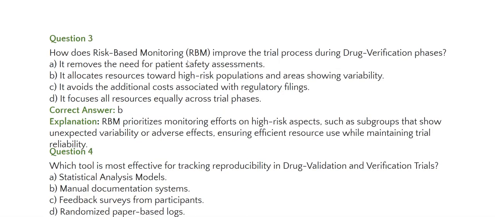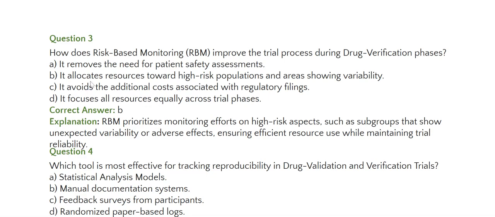Question 3, how does risk-based management and monitoring, RBM, improve the trial process during drug verification phases? And actually, its purpose, the RBM, applies to any trial. A, it removes the need for patient safety assessment. B, it allocates resources toward high-risk populations and areas showing variability. C, it avoids the additional costs associated with regulatory filings. Or D, it focuses all resources equally across trial phases.